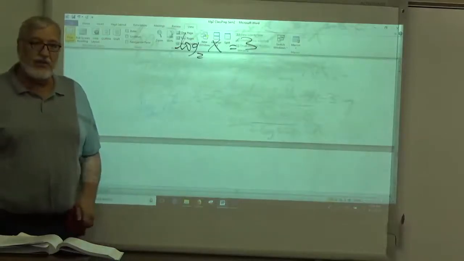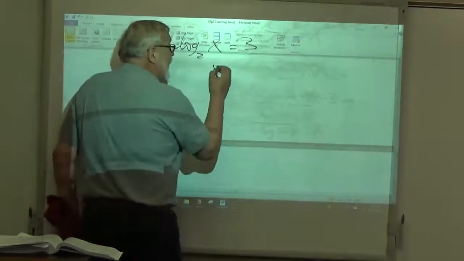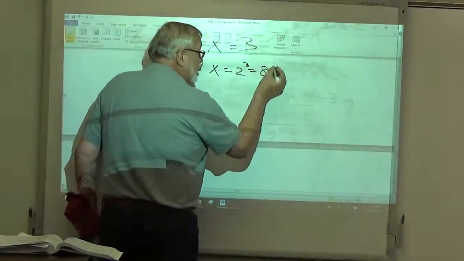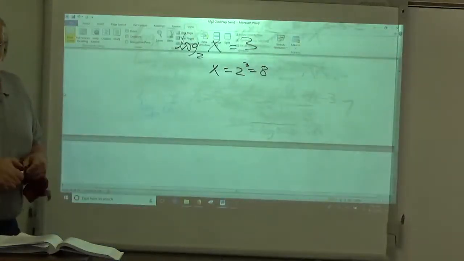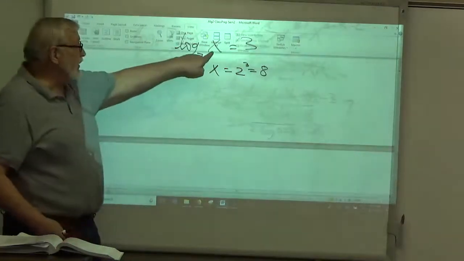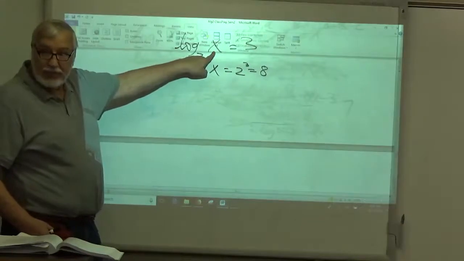How much is 2 to the third power? 8. So x is equal to 2 to the third power, which equals 8, and I'm done. Nifty. Why did I do that? Because in order to get at this, I have to change it into exponent form.